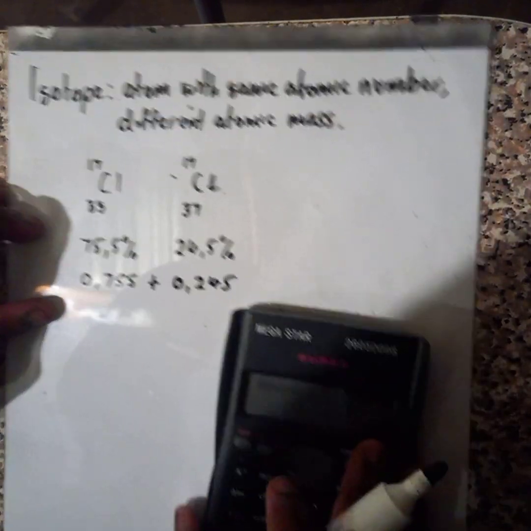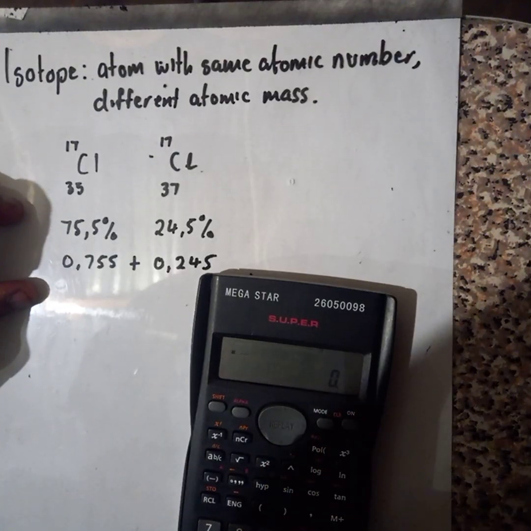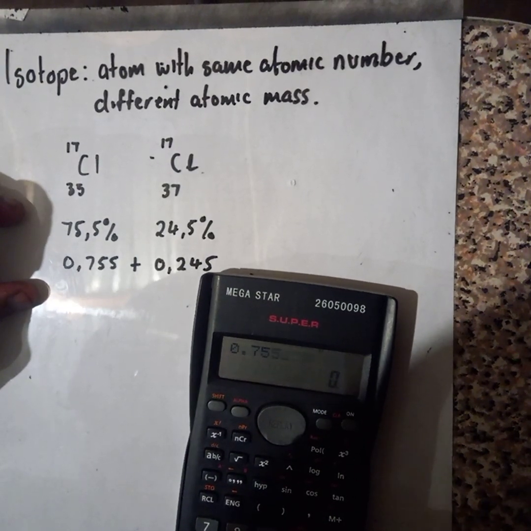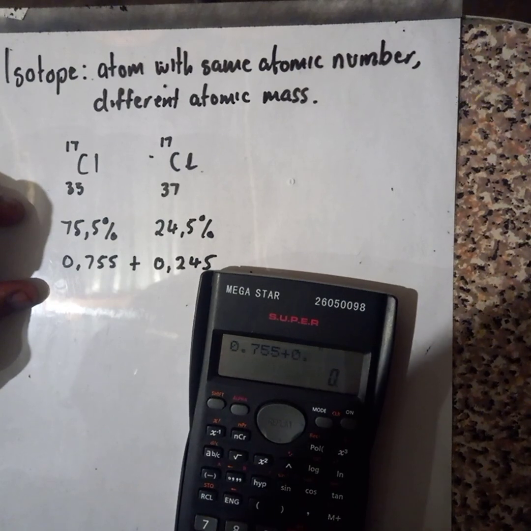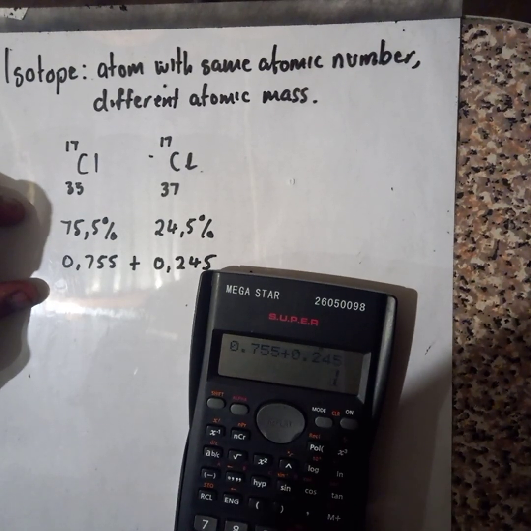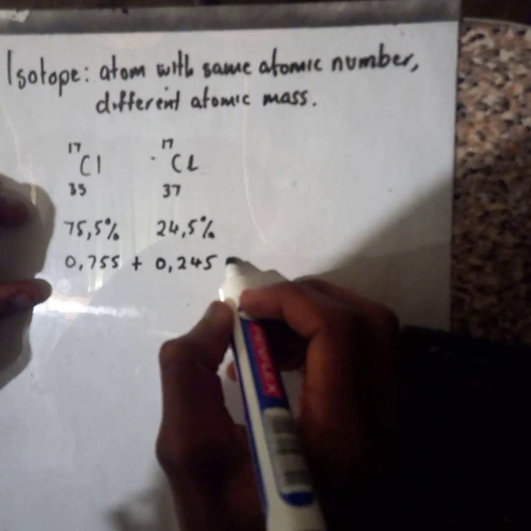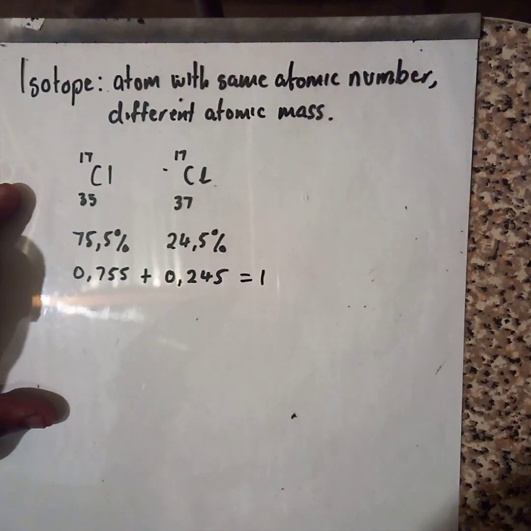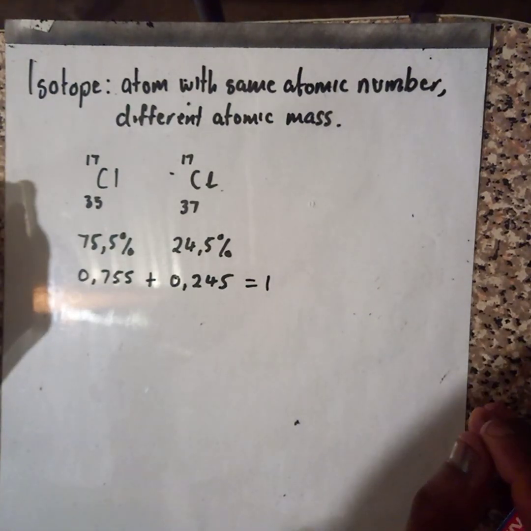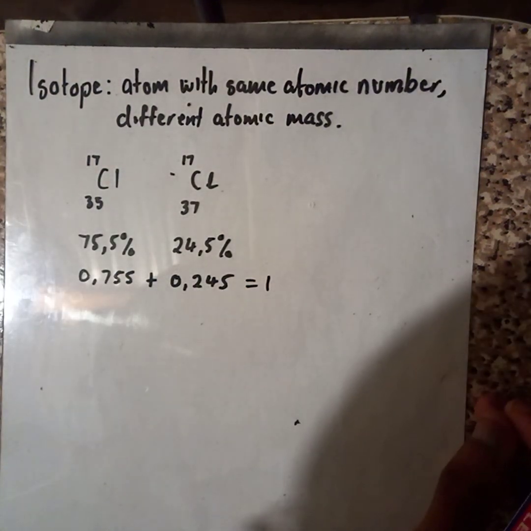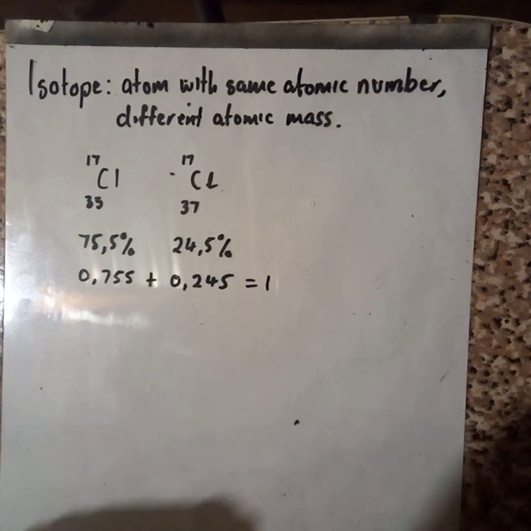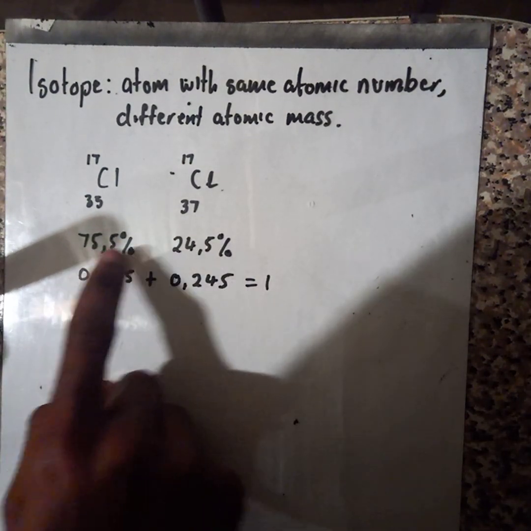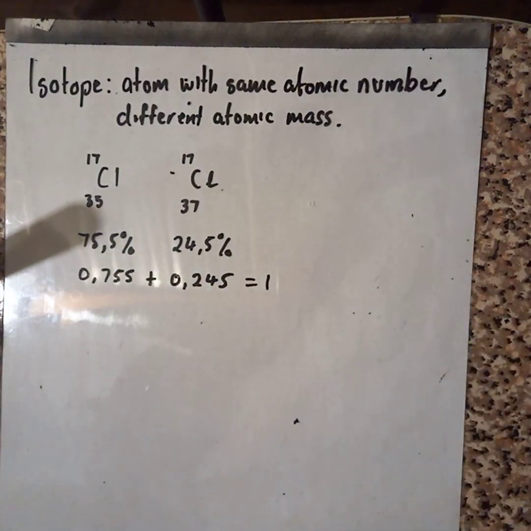If I add these two, which is 0.755 plus 0.245, we get the total of 1. I wanted you to see that if we add these two numbers, we get the total of 1.